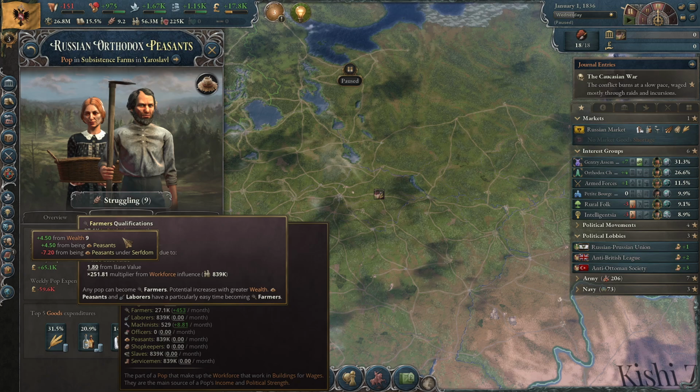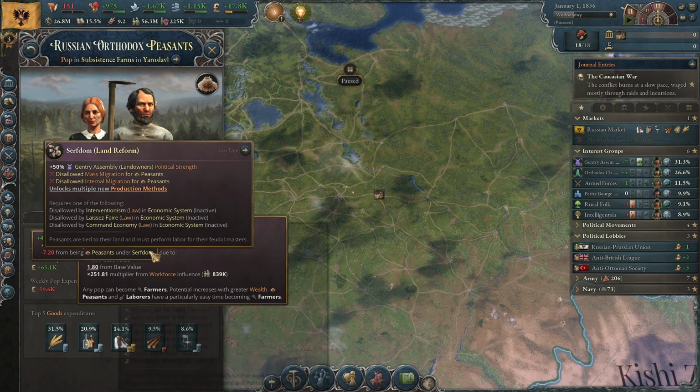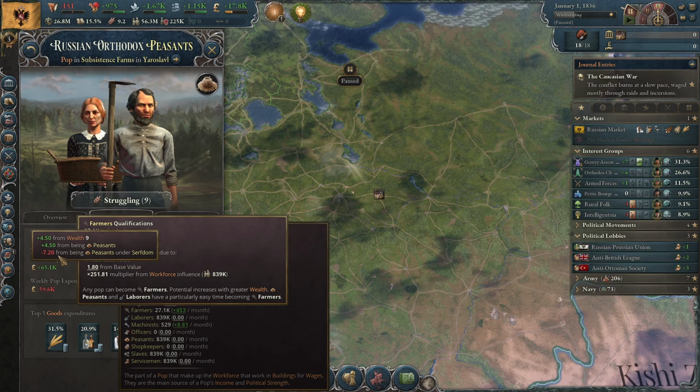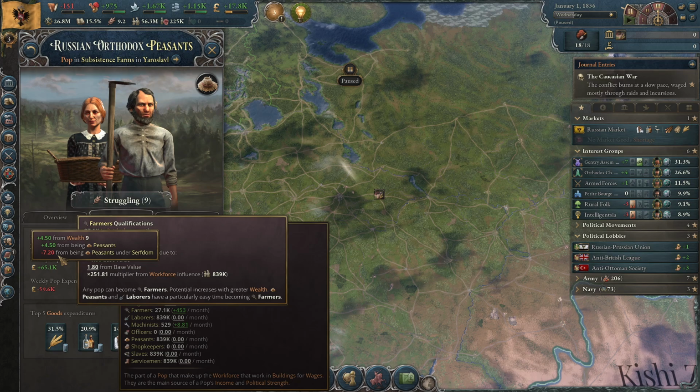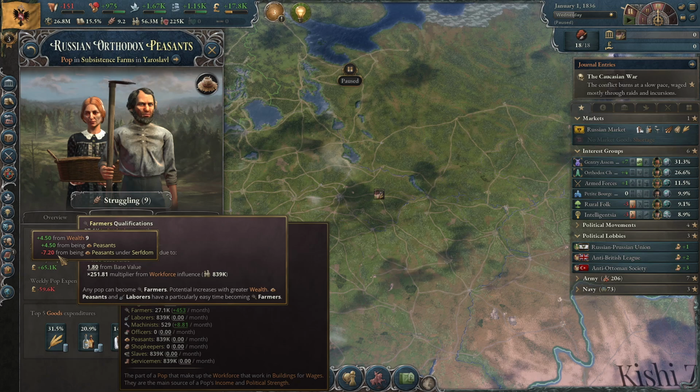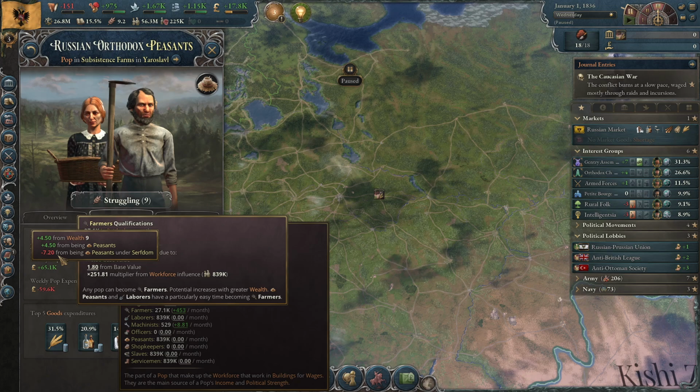Unfortunately, this is where we come to another terrible law, serfdom. Serfdom will cause a massive reduction to the qualification gain for anyone who is a peasant. So not only are they economically inactive, they suck at generating qualifications while serfdom is law. Once serfdom is no longer a law, this negative goes away, but as you can see, it's cutting out almost all of their potential qualification gain per month for being a farmer.